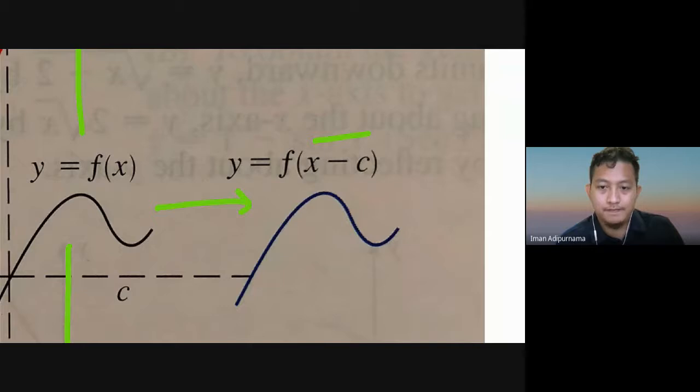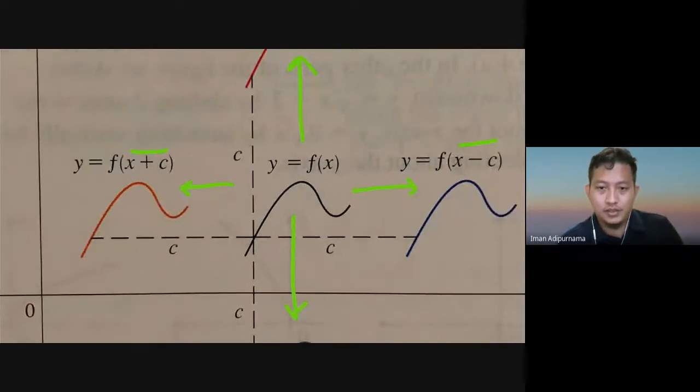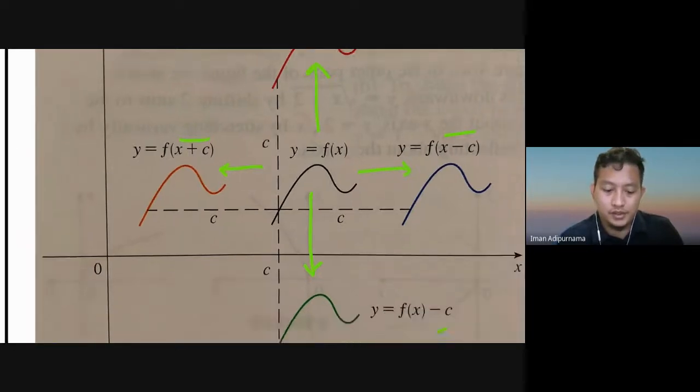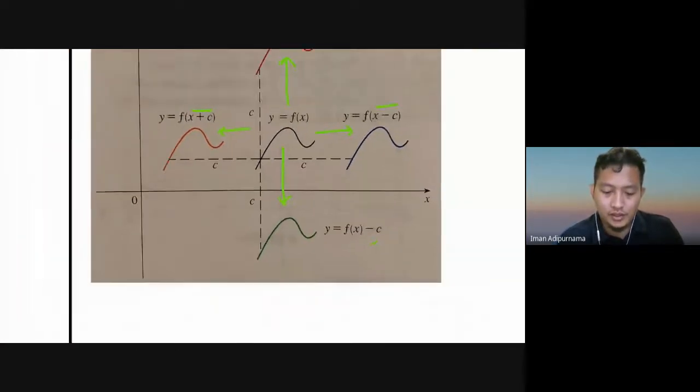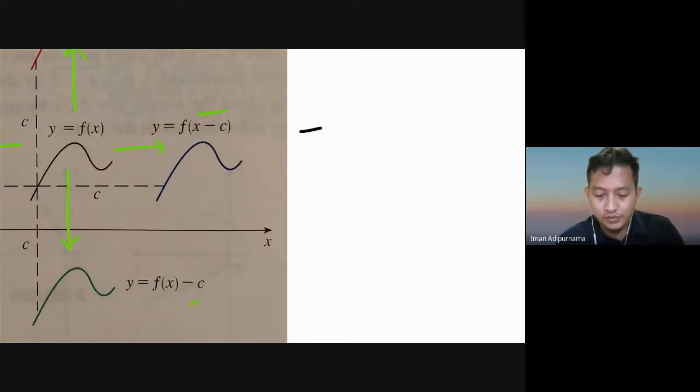If we move to the left, you need to have x plus c. Don't mix this. Sometimes if you feel nervous, you will mix all of this. That's what we call a translation move. Translation.